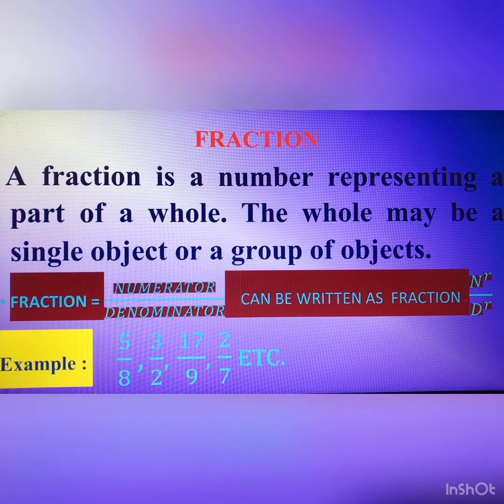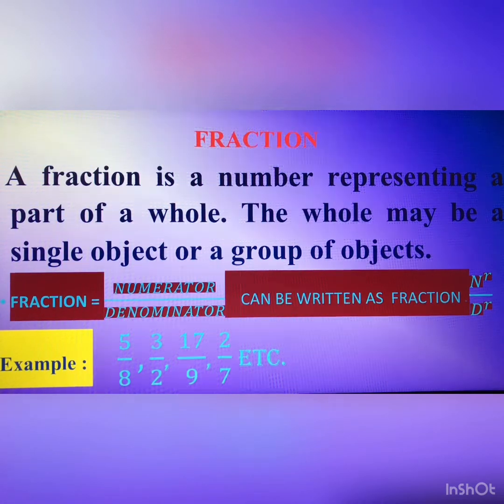In short form, it is written as n by d. For example, 5 by 8 is a fraction, where 5 is the numerator and 8 is the denominator. Similarly, 3 by 2, 17 by 9, 2 by 7, all are fractions.